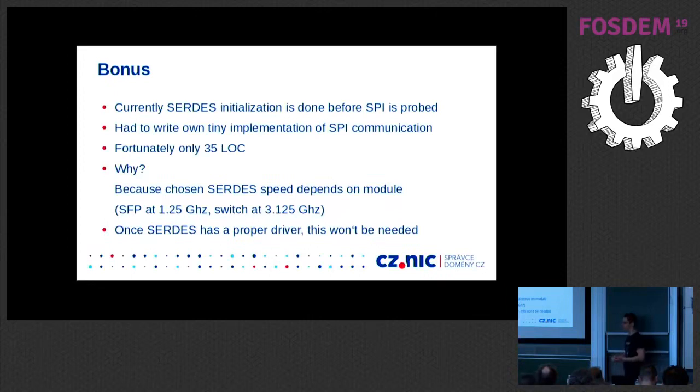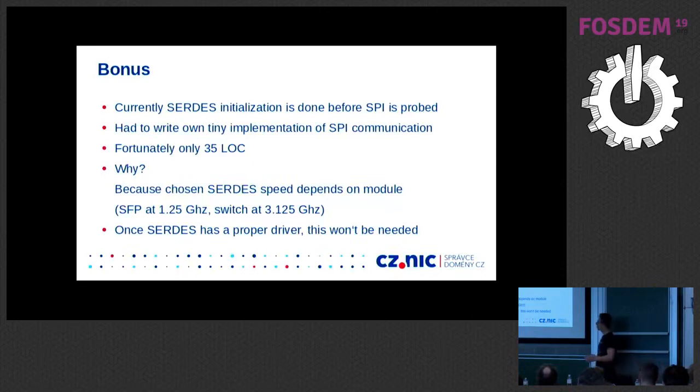If it is connected to the SFP node in the device tree, it would have known that it should enable the SERDES line at 1 gigabit, and if the switch node is connected, then it would have known it should enable it at 2.5. But completely rewriting the SERDES initialization code was too much work for my time.